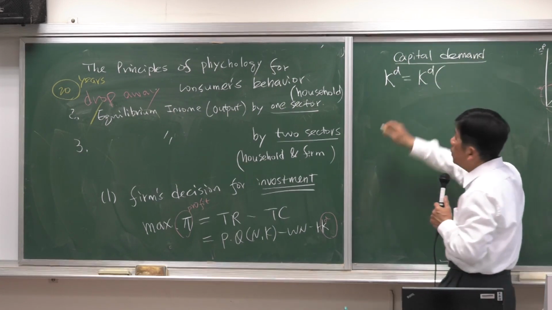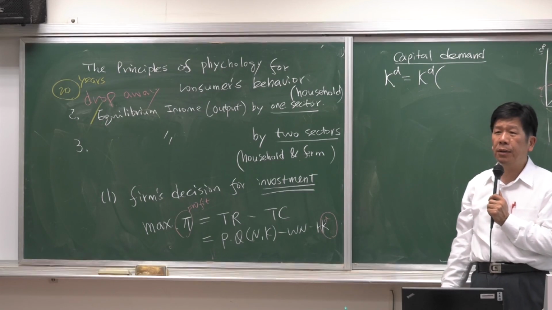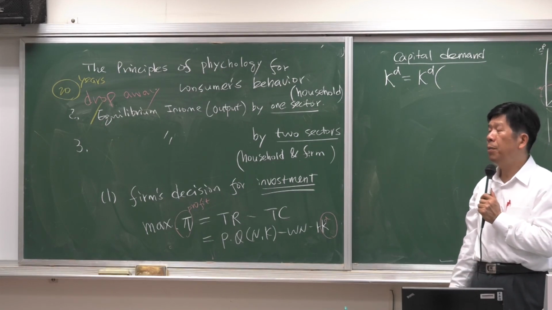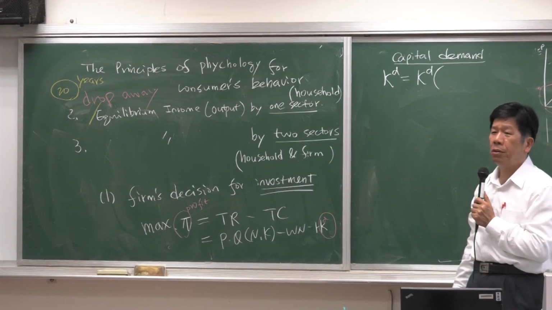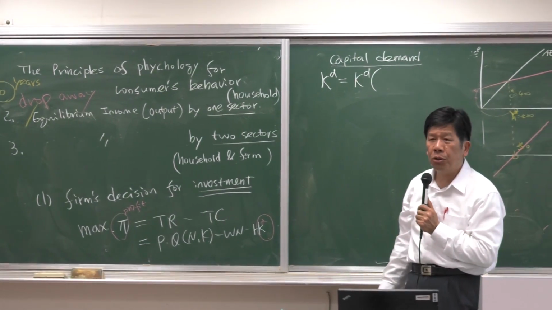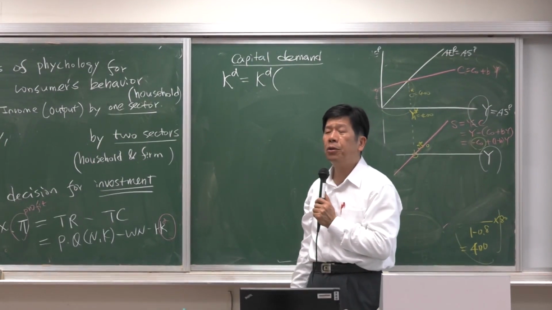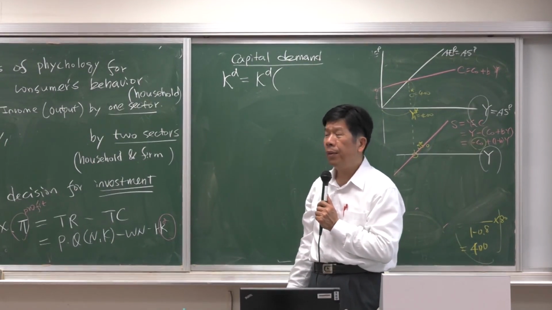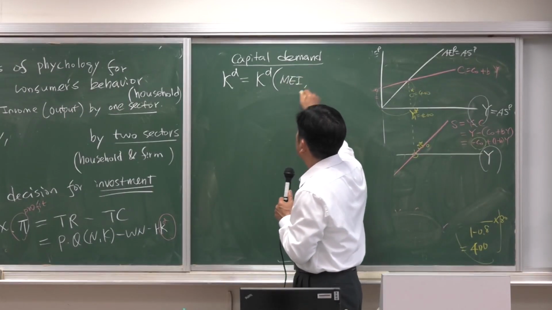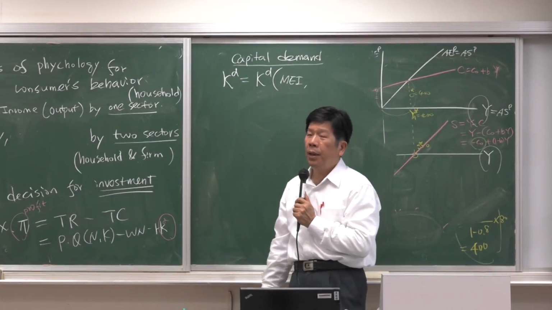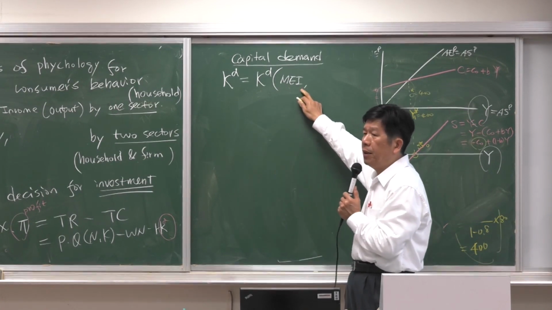Because if you are a boss, you organize one business. You need to consider how many workers you want to hire, or how many machines, how much industry you need. So you need to consider how much capital you need. Okay, and the first thing you need to consider is what we call marginal efficiency of investment.